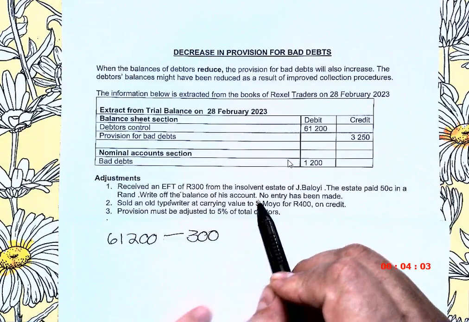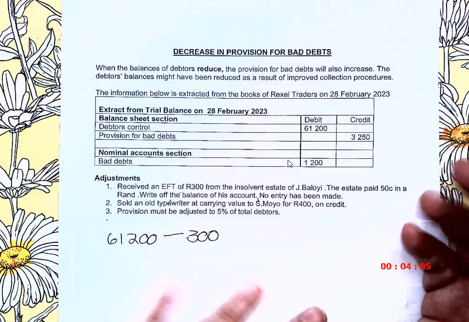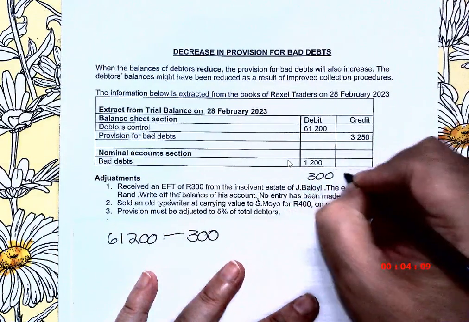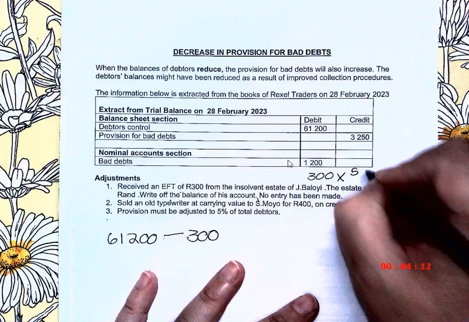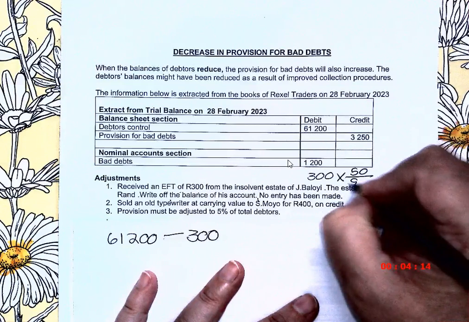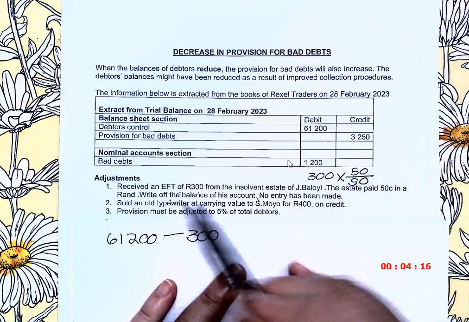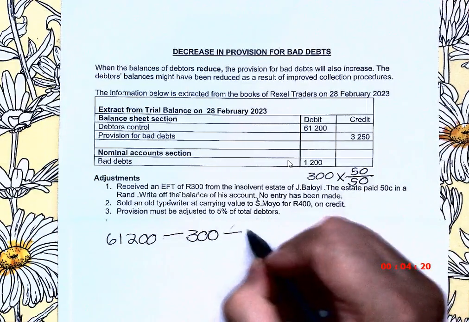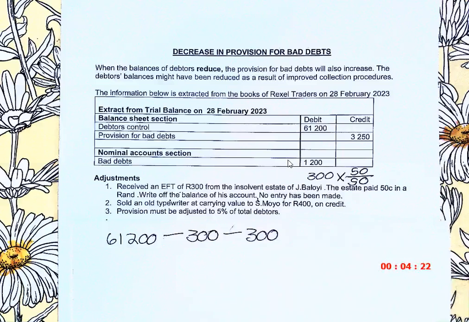Okay. So now, let's see. If I say 300, I want to know what is 50 percent, because they gave me 50 cents in the rand, and I want the other 50. Can you see it's also 300? Okay.